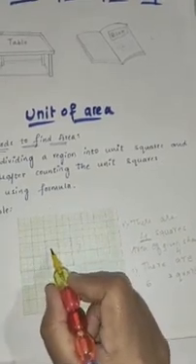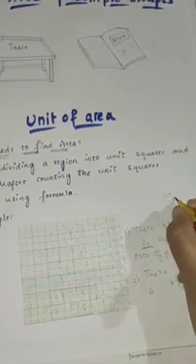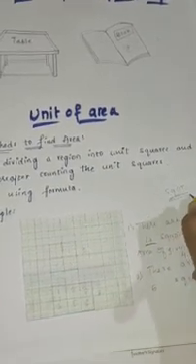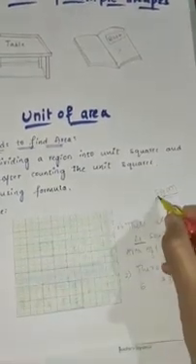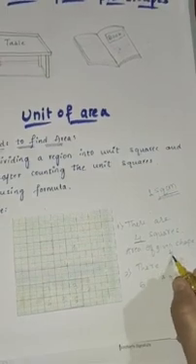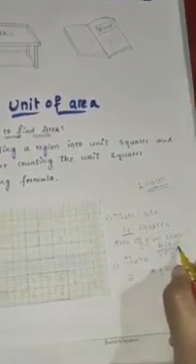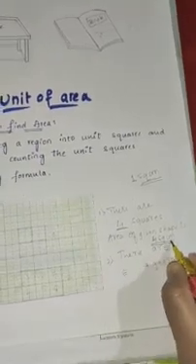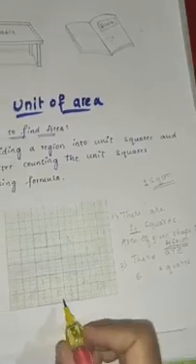Each box will be considered as one square centimeter. So it is 4 square centimeters. Square centimeter is the unit, right? Now come to the second figure.